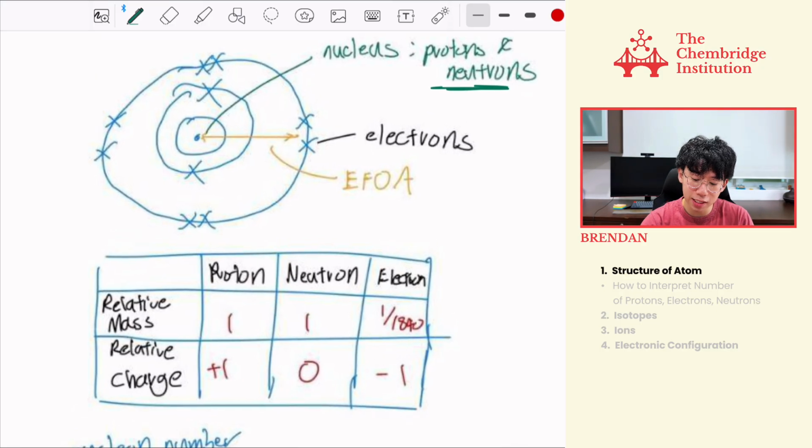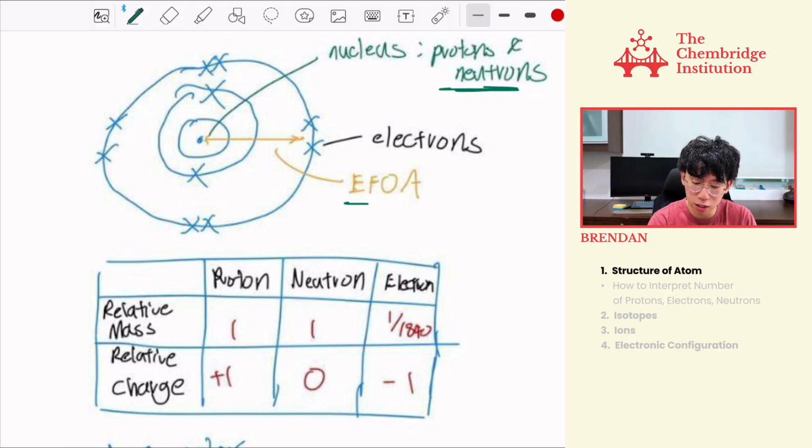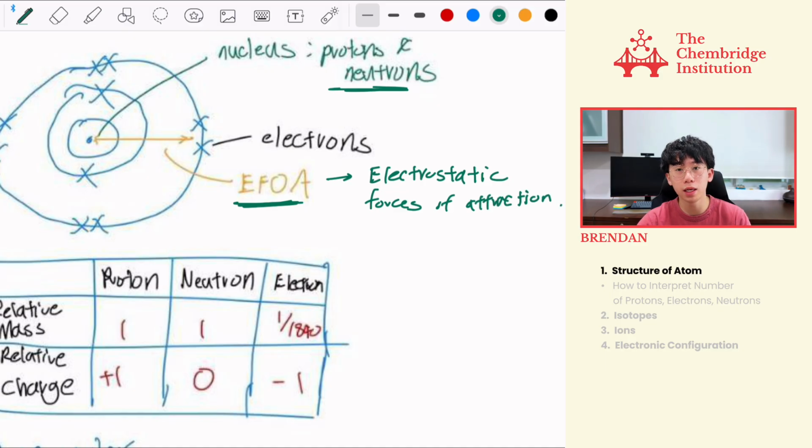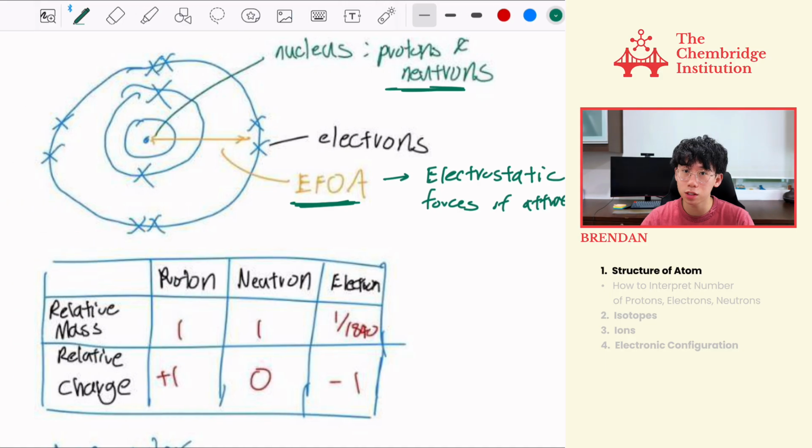And what ties this whole structure together is something called electrostatic forces of attraction, or in short, EFOA. These electrostatic forces of attraction are between the protons and the electrons, because protons are positively charged and electrons are negatively charged.